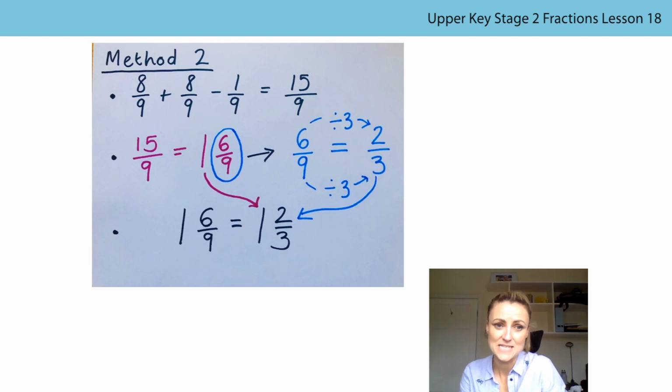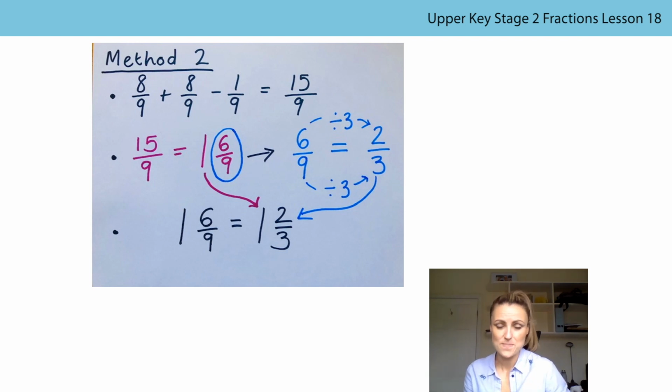So here are my jottings for when I solved this calculation with method 2 and then simplified it. We did the same step at the start and got an answer of 15/9. At that point, I converted that from an improper fraction to a mixed number, and those are my pink jottings: 1 6/9.